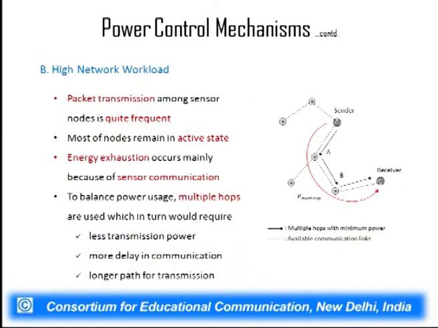For high network workload, there is a different strategy. Here the packet transmission among the sensors, or the circuitry of the multimedia devices embedded within the transceivers, is quite frequent. Here the communication is very frequent.